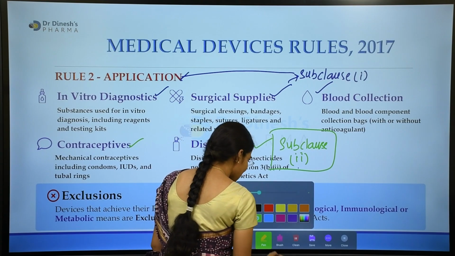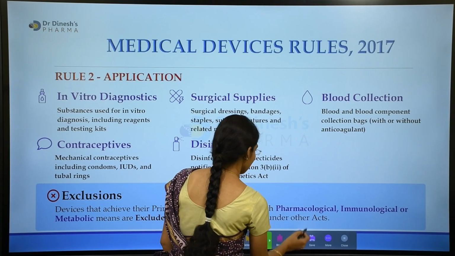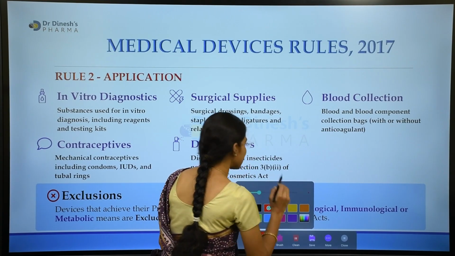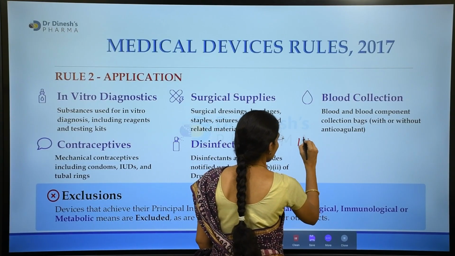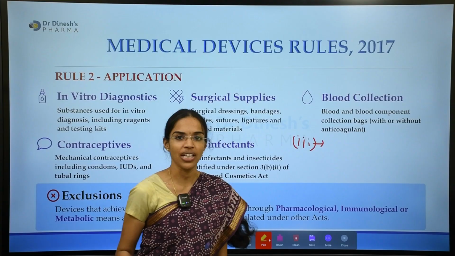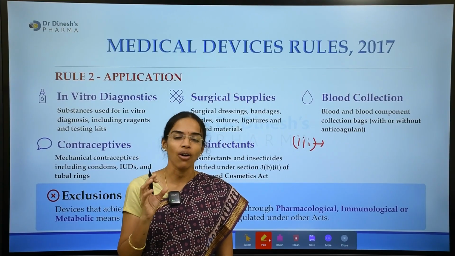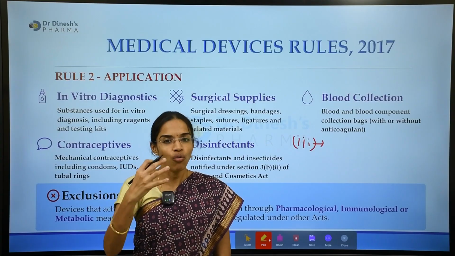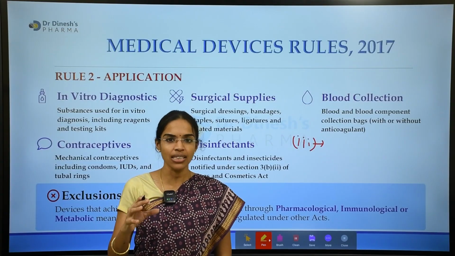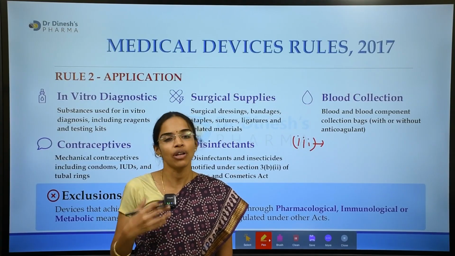Then what about subclause 3? Yes, we have something about subclause 3. Whatever the devices, after this also there will be devices that will be added.